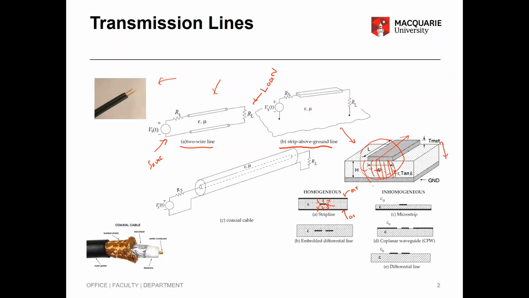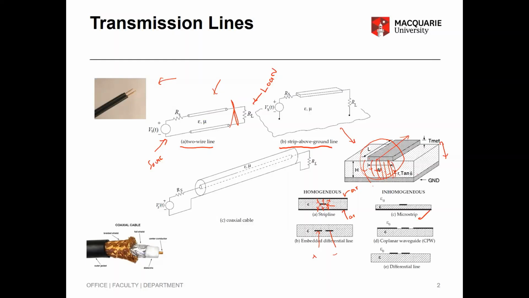Or you can have a differential line where you don't have a ground. It could be one positive signal, while the other is a negative signal. So it's very similar to the two-wire line, but implemented with two strips. This microstrip is what we talked about.